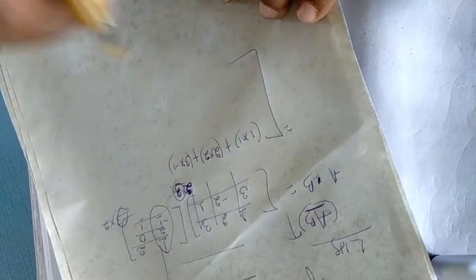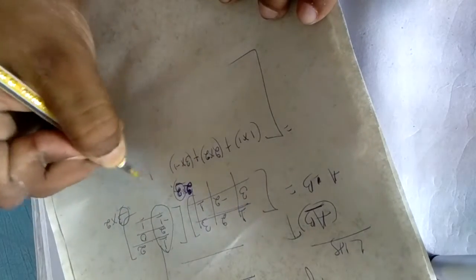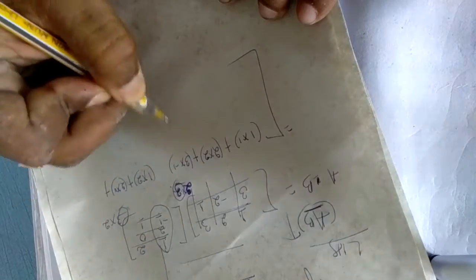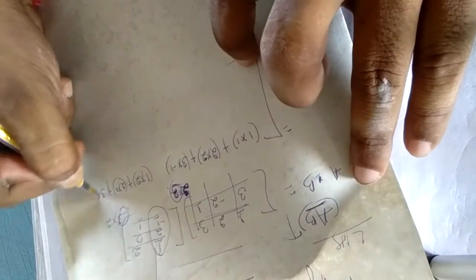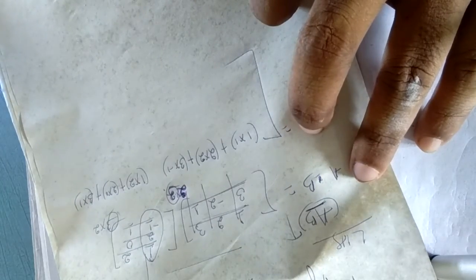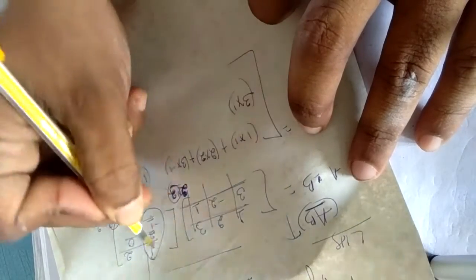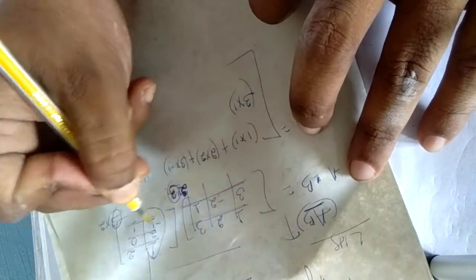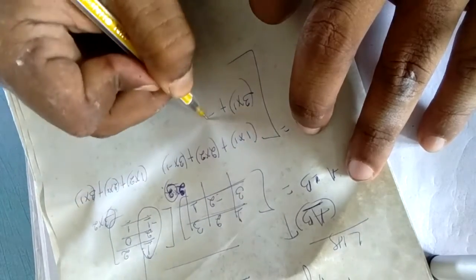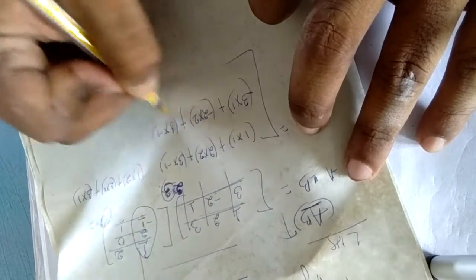First column multiplication is finished. Now first row into second column: 1 into 2 plus 2 into 0 plus 3 into 1. Similarly the second row multiplies with the columns in the same way: 3 into 1 plus minus 2 into 2 plus 1 into minus 1.